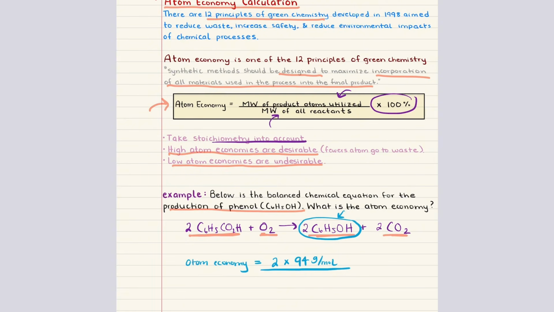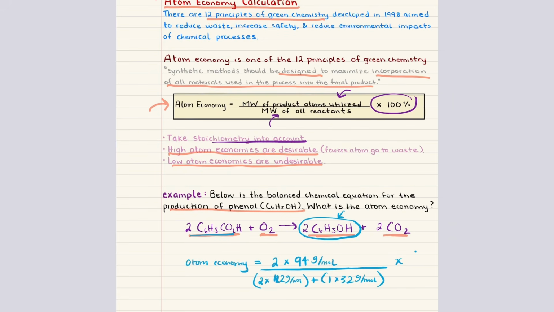The denominator is the total mass of all reactants used. We start with 2 moles of benzoic acid at 122 grams per mole each, plus 1 mole of oxygen at 32 grams per mole. So the denominator is 2 times 122 plus 32.